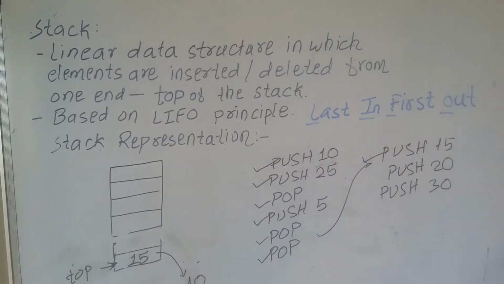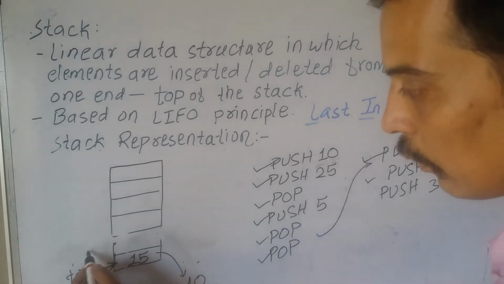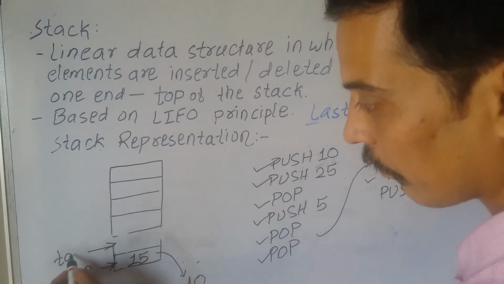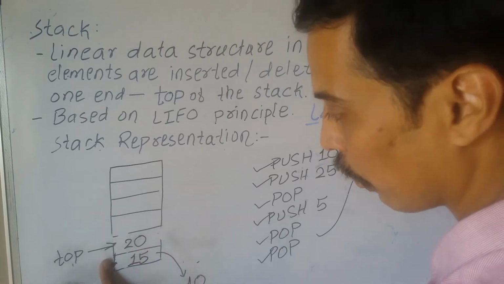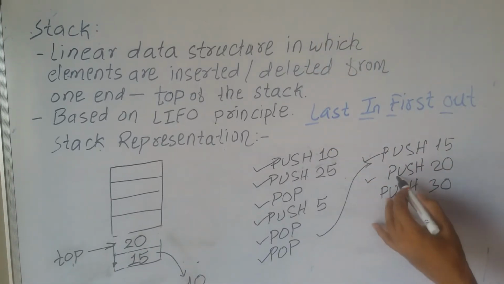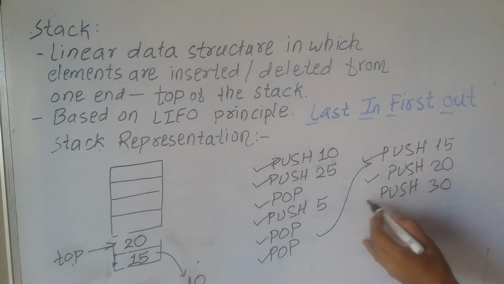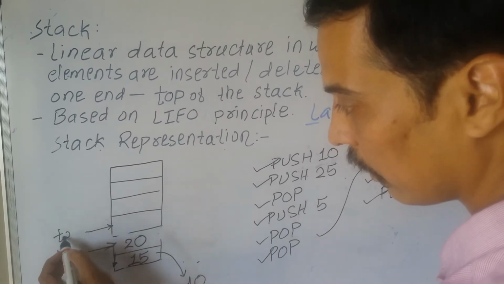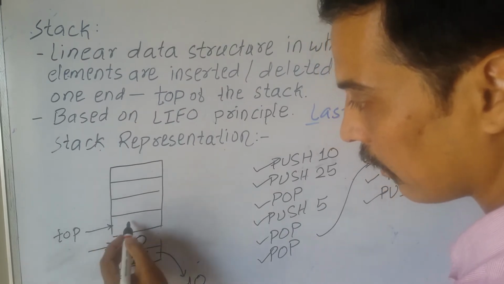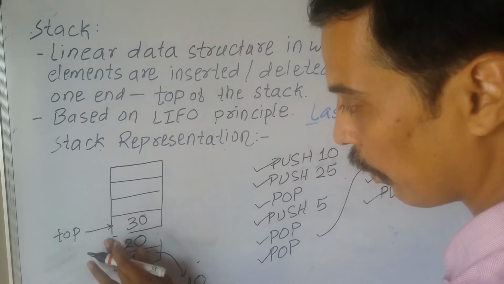Now top is having some value. Now when I am performing the second push operation, the top is incremented by 1 and 20 is stored over here. Whenever I am performing the third push operation, again the top is incremented by 1 and now the element 30 is stored over here.